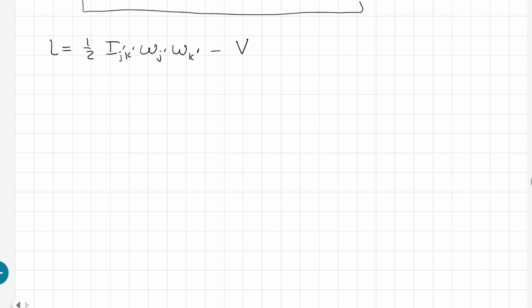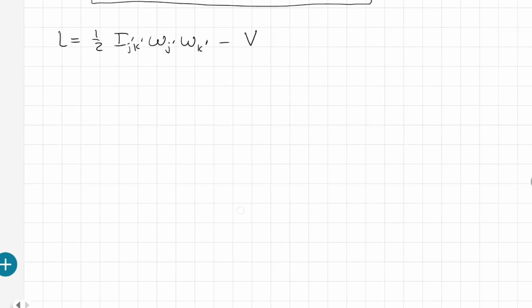Here we are assuming that the forces acting on the body are derivable from a potential, which is this V that I have here. Perfect. So what happens if we take this into the Lagrange equations?